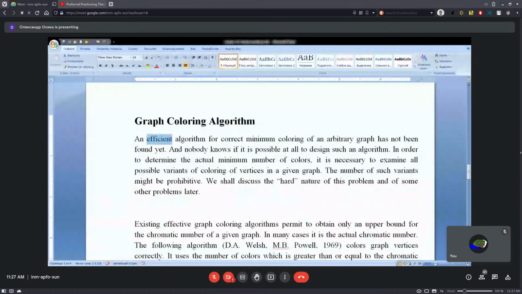Because there are algorithms that we are sure are correct, but if n, the number of input elements, is 50 or 60, it will take hundreds, maybe thousands of years to wait for the result. Well, it is not efficient.